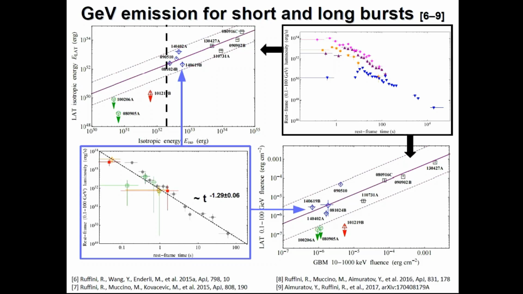The spectacular result is that as soon as the black hole is formed, you generate a jet, and it's very, very energetic.